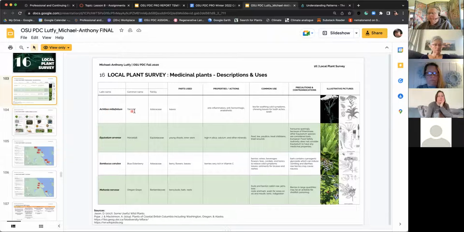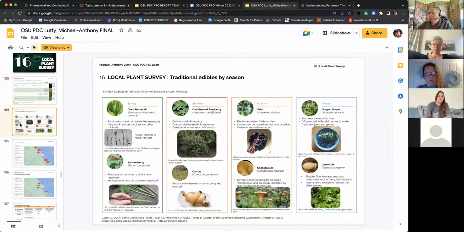And again, some very familiar plants here: yarrow and horsetail and blue elderberry and Oregon grape, and then some of the common uses, and again, some precautions or contraindications. Naturally, anything that has some medicinal value would be valuable to a point, and you wouldn't want to have a dose that is too high. So that's a good thing to note there.